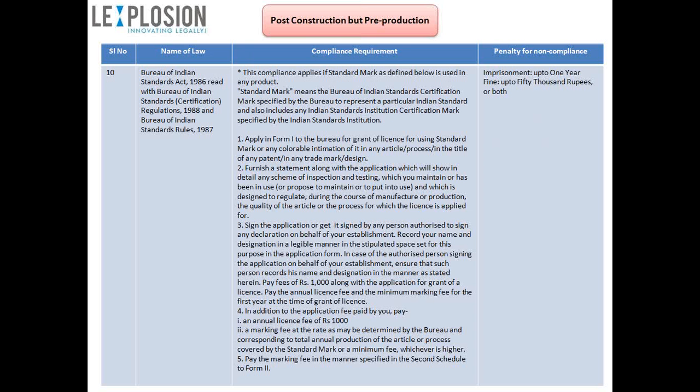So what you need to do to be able to obtain these standard marks is stated in the following part of the slide. If you have any clarifications on this, we can take it up later.